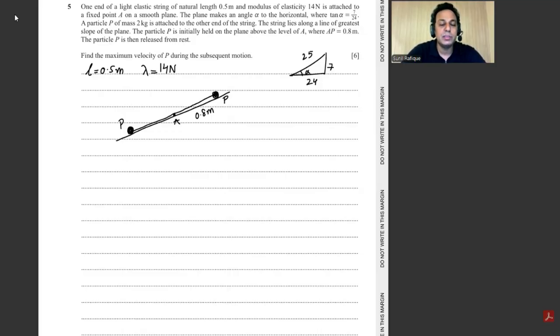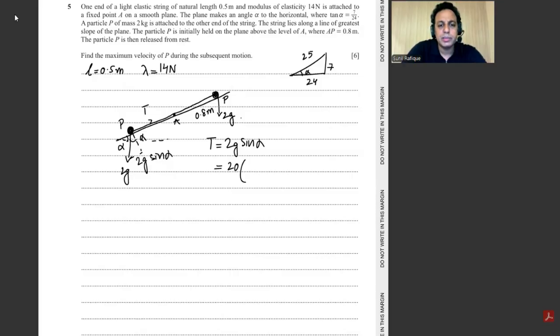So we know that the acceleration is going to be 0, so the net force is 0. So tension will be equal to the weight's component down the plane since it's inclined at alpha to the horizontal. That's going to be 2g sine alpha, the particle's weight. So let's put T equals 2g sine alpha and check this value.